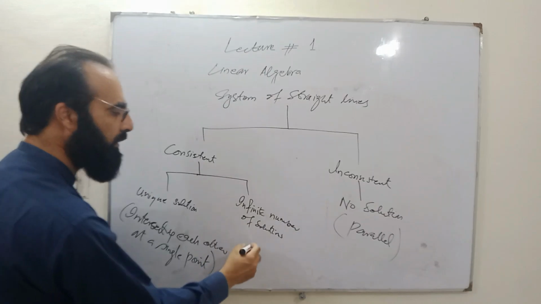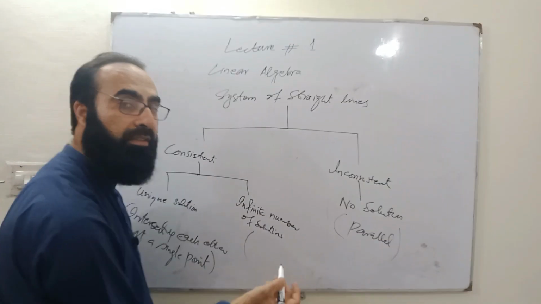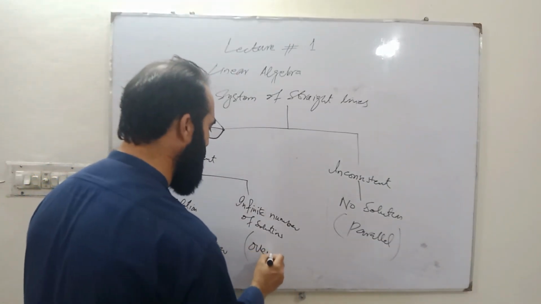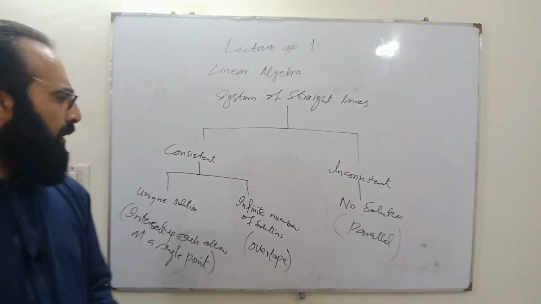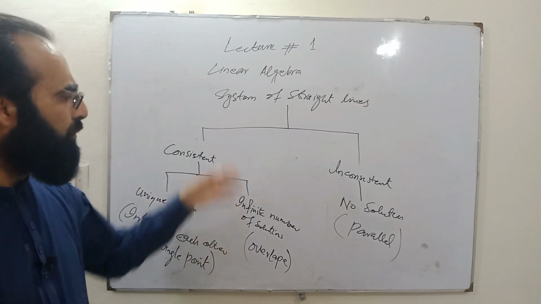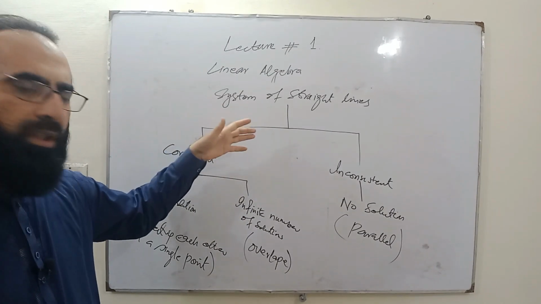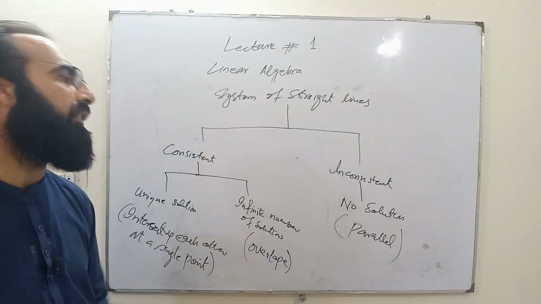And in this case, basically the straight lines are overlapping. So this is the conclusion of the solution of the system of straight lines.